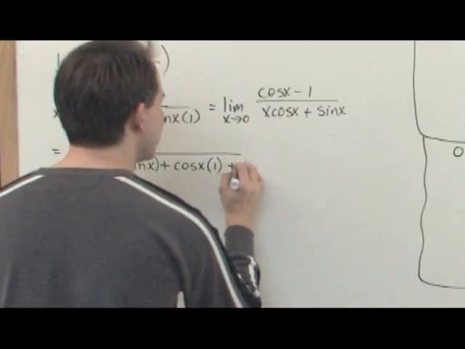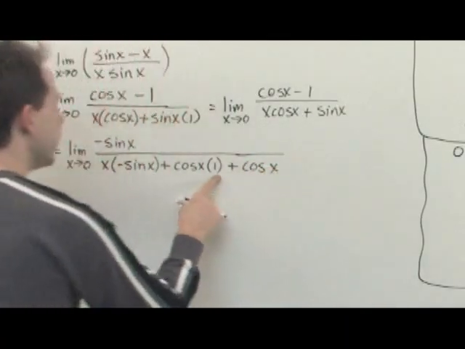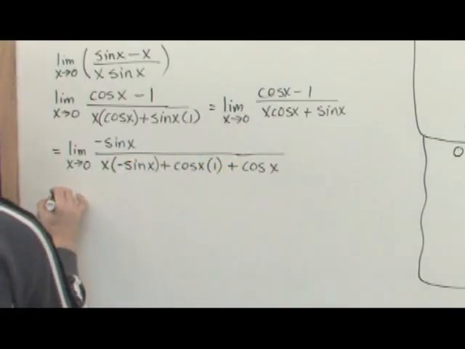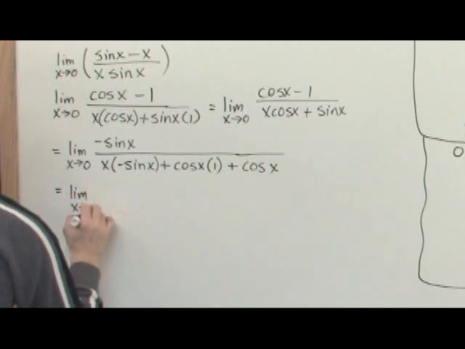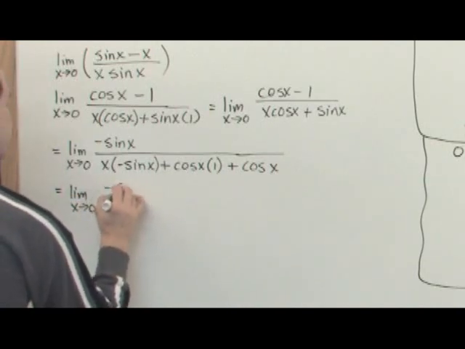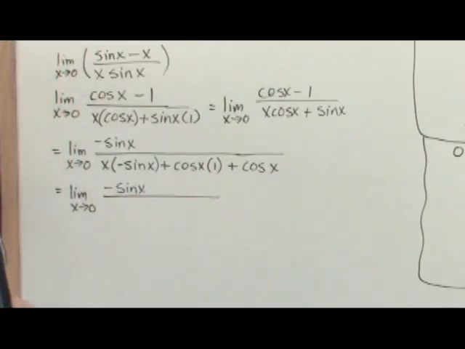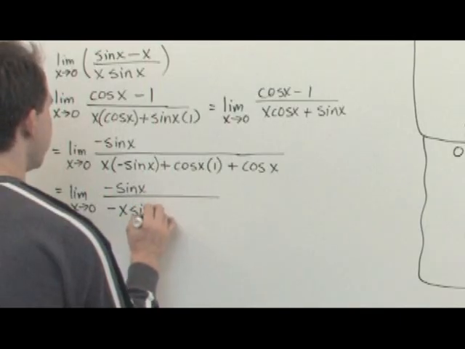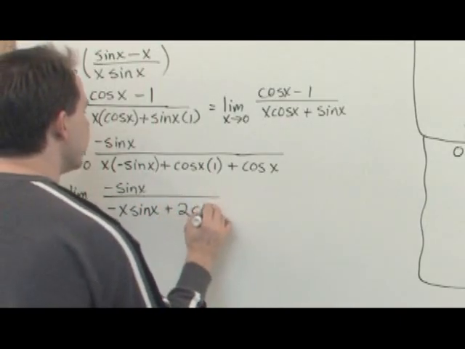Okay, don't forget plus, you still have this. Derivative of sine is cosine of x. And you can see you're getting things a little bit simpler here. You've already dropped out this x here. Let's see if it gets simpler. You're going to have limit as x goes to 0 of negative sine of x over, let's go ahead and simplify it here, negative x times sine of x right here plus 2 times cosine of x.